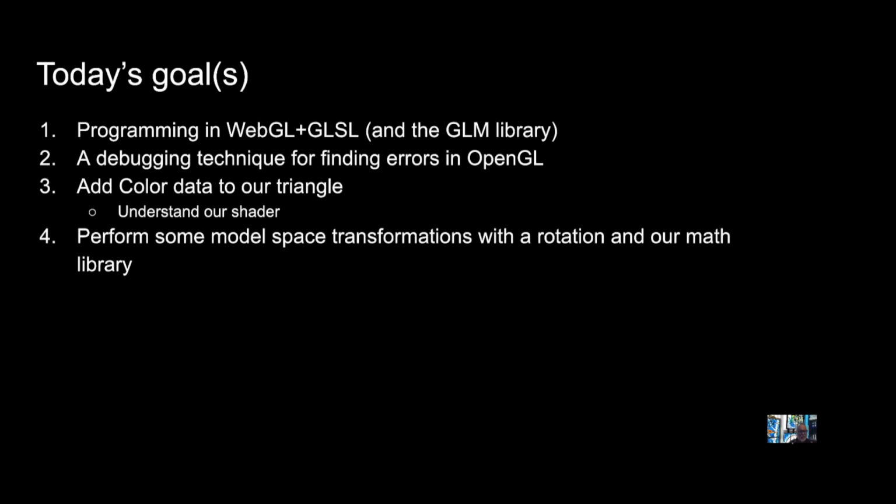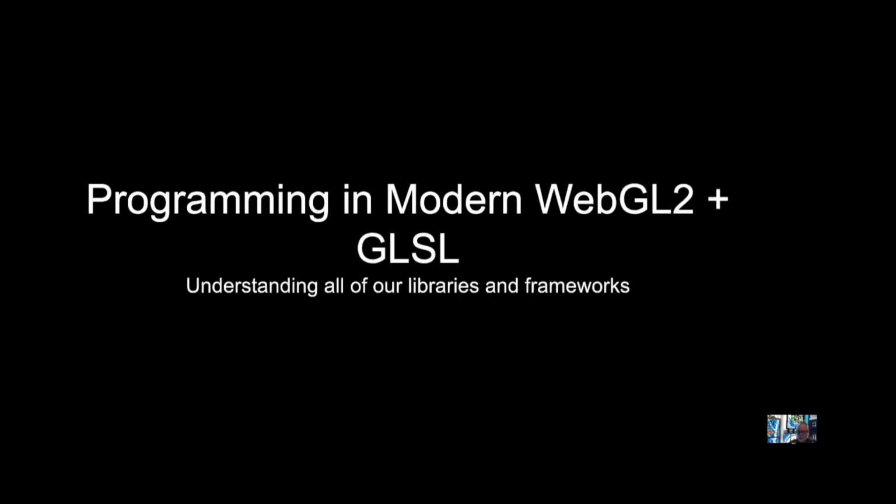Most of what we're going to try and get into is how the CPU and the GPU talk to each other, and then we'll see some model space transformations. And in class, we'll do a brief little exercise where we do a rotation. Hopefully, we can do that rotation in our little frame buffer because I've implemented vertex shaders and fragment shaders in our frame buffer. So we'll do that there.